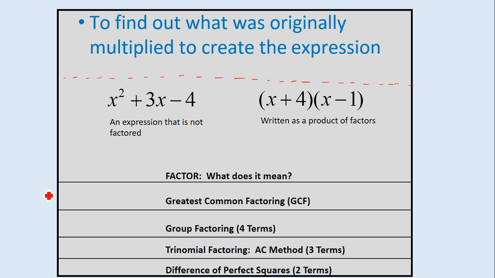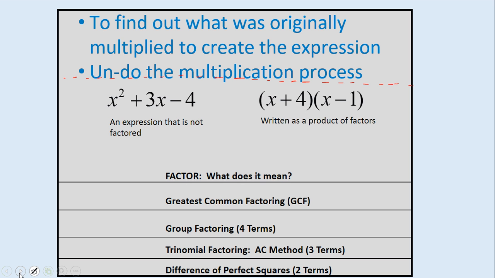To find out what was originally multiplied to create the expression, what it means to factor is to undo that multiplication. We're going to undo the multiplication process and write it as a product of factors. So I give that same example here. If I have x squared plus 3x minus 4, this has already been multiplied out. Something was multiplied to create this expression. This is written in a form where it's an expression that is not factored.